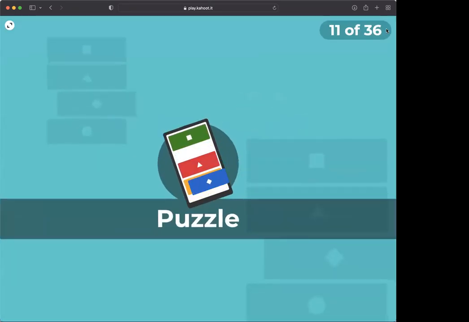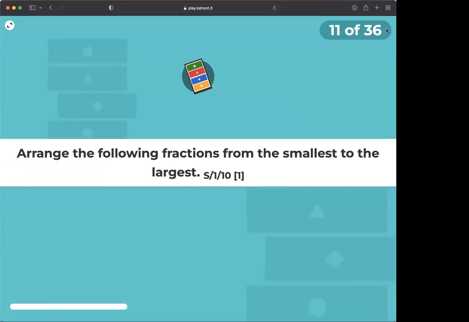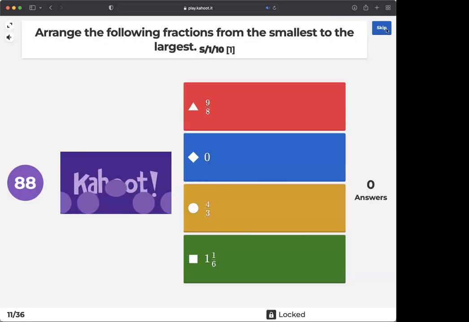Okay, next question. So you can switch this around from the smallest to the biggest.